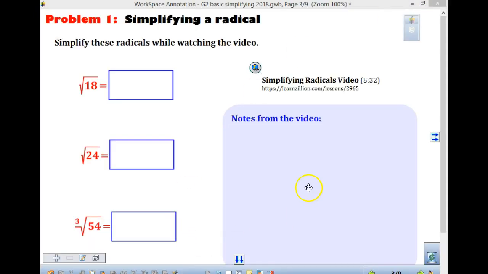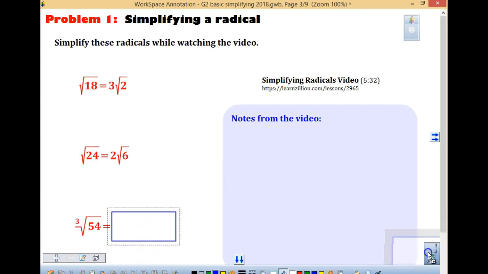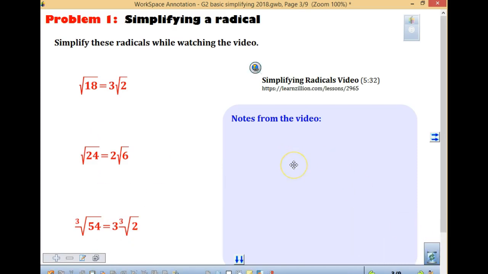So if we are looking at that, you should have had your answers for each of these. And if you were going to say what is the best way to simplify, I want you to think about those ways that they showed you.